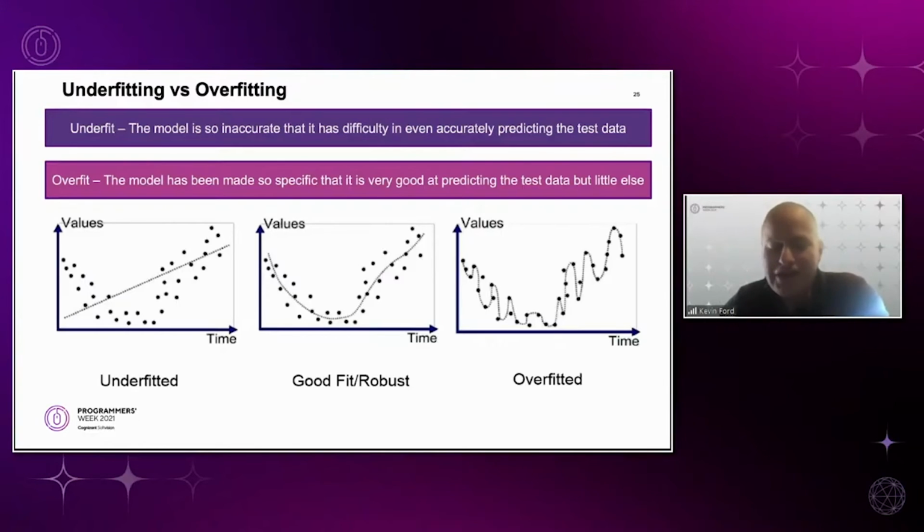So overfitting is where you have a model that's really, really good at predicting data that it's seen before, but really, really poor at predicting things that it's never seen before. What you're trying to do is find something in the middle that's reasonably accurate, not only in predicting data that it's seen before, but in predicting future data.